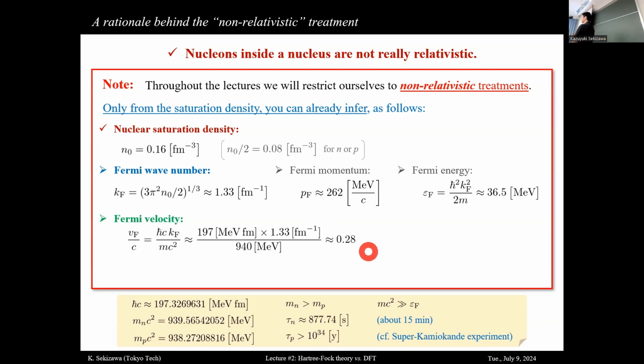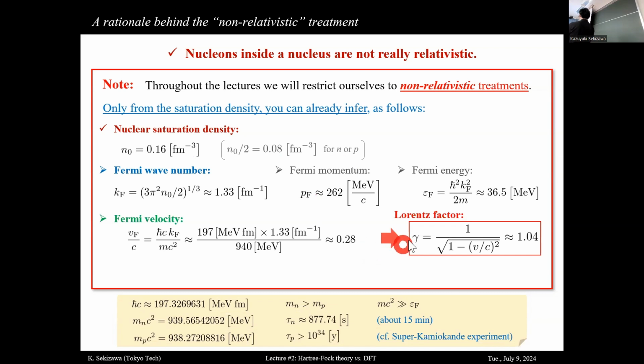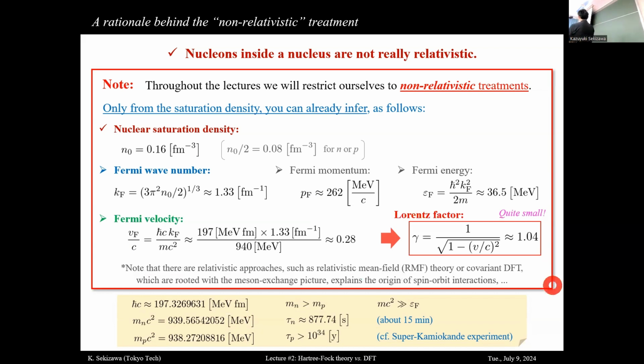It is quite fast compared to our daily life velocities, but if you evaluate the Lorentz factor given here, it is about 1.04, so it's quite small. The relativistic effect is expected to be small for the nucleons inside the nuclei. This is the reason why we can use a non-relativistic treatment to describe the nuclei and nuclear matter.